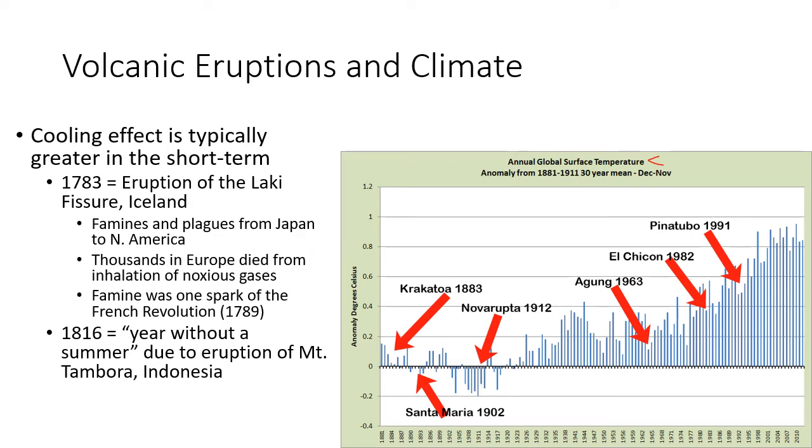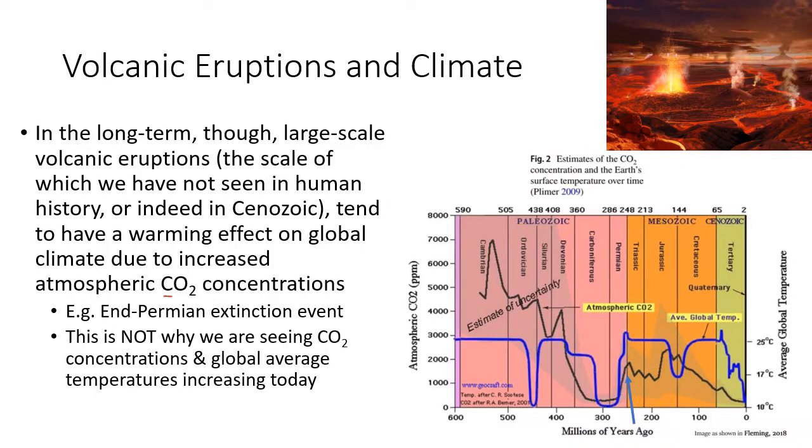And then there is going to be mitigation or moderation of these effects based on other conditions in the atmosphere, whether it's an El Nino year or a La Nina year or whatever. But going back to the CO2, when we're talking about the long term, that can have major impacts, and it can even lead to mass extinction events.